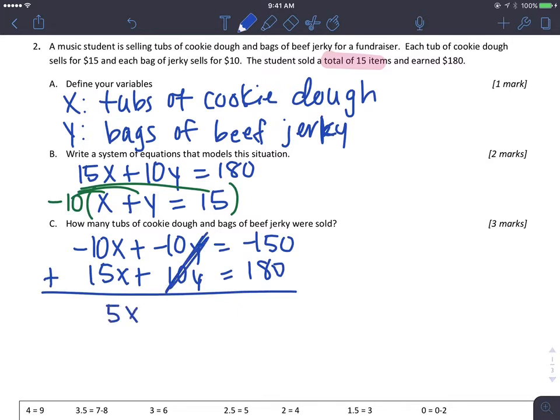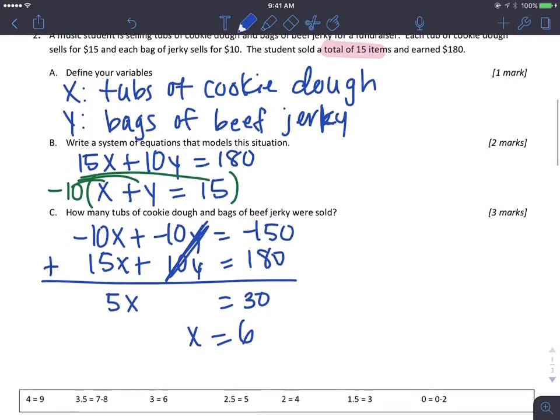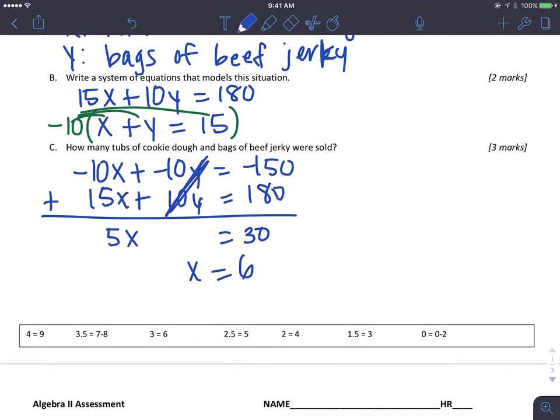We have 5x equals 30. So x equals 6. So now x equals 6, and we know that x plus y is 15. So 6 is our x, plus y equals 15. Subtract the 6, we get y equals 9.